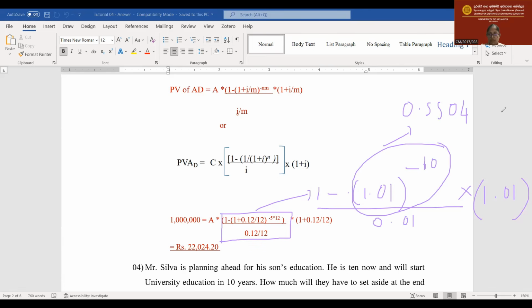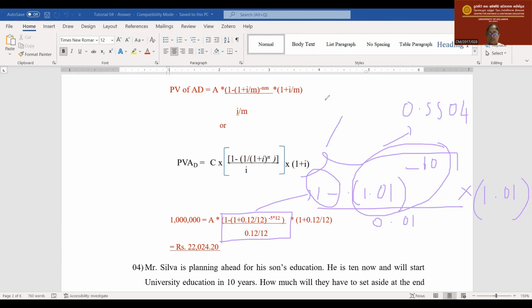From that answer, you have to do the subtraction. That means 1 minus 0.5504496159. But if you use only 4 digits, it's okay. Then for this part, the answer would be 0.4496, or 0.44955037341.